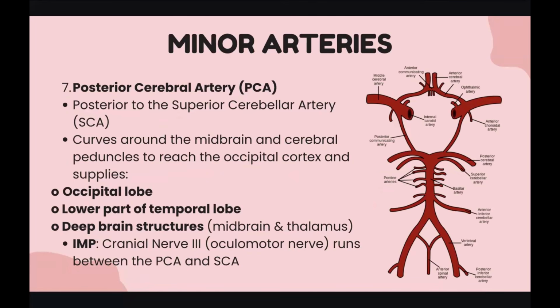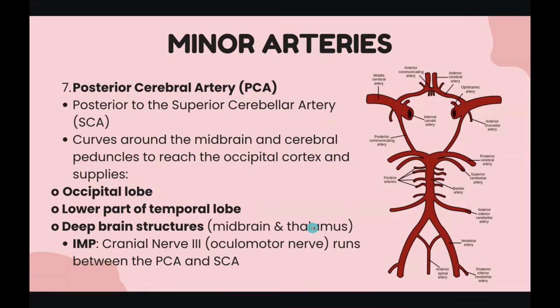And another artery, I'm sorry, that was not the last, is the posterior cerebral artery. This is the one that I was just telling you about. It's posterior to the superior cerebellar artery, and it curves around the midbrain and cerebral peduncles to reach the occipital cortex and supplies the occipital lobe, the lower part of the temporal lobe, and the deep brain structures such as the midbrain and the thalamus.